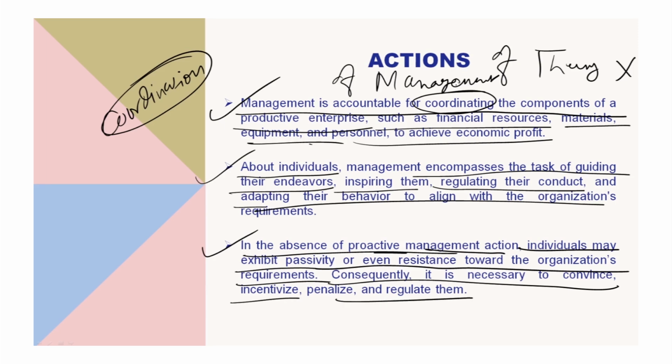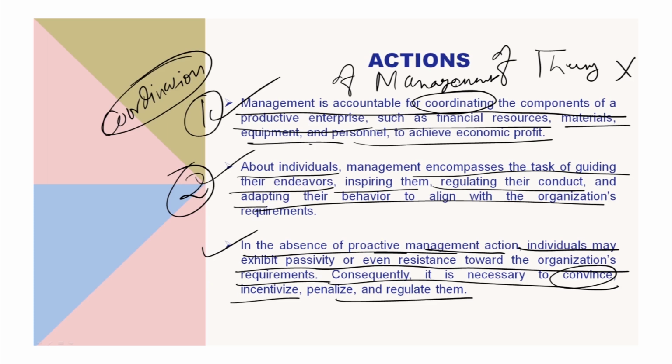What if management is not doing activity 1 or 2? Then the output will be that management should convince, or use some kind of carrot and stick approach like we have discussed, incentivize the employee, penalize the employee.